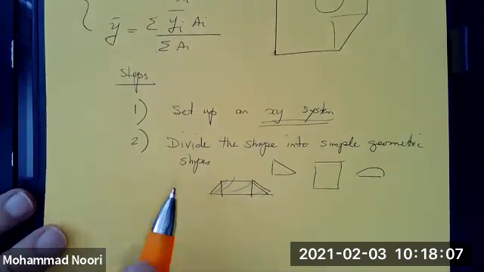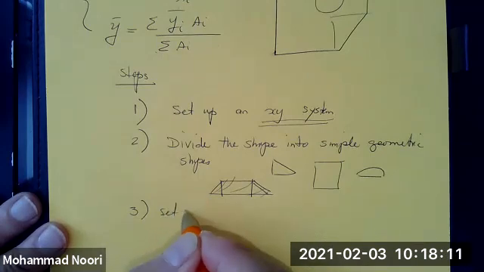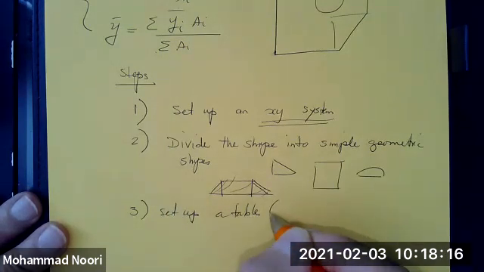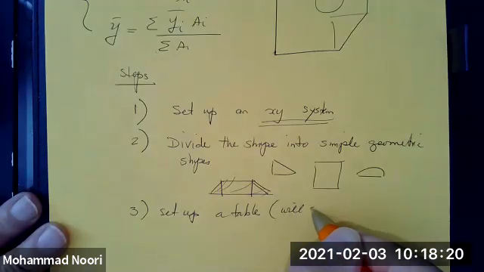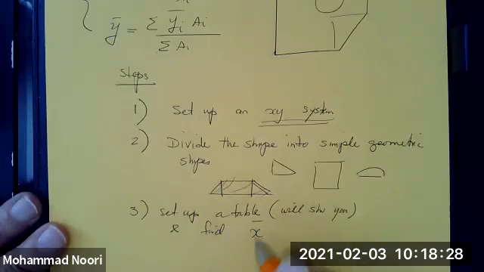So you divide this. Once you do that, you set up a table, which I will show you, and find X bar and Y bar for this shape.